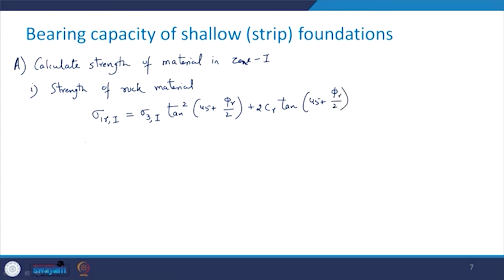Now in this case your sigma 3 in zone 1 is going to be 0, as there is no overburden.